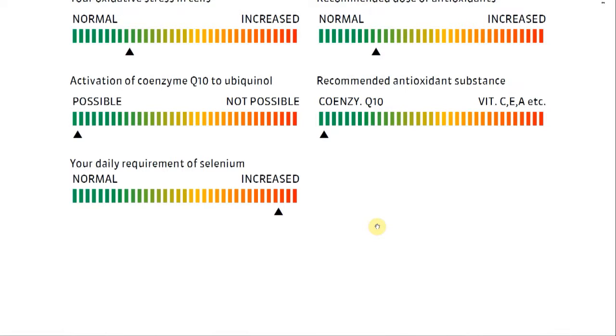And if you're here in the normal range, the normal amount of selenium is completely sufficient for you. So again, what we do is we look at this, we find out how high your requirement of selenium is, and then we evaluate every one of the 1,000 different types of food, and we can find out this has a lot of selenium, you need a lot of selenium, so we're going to recommend this type of food more.